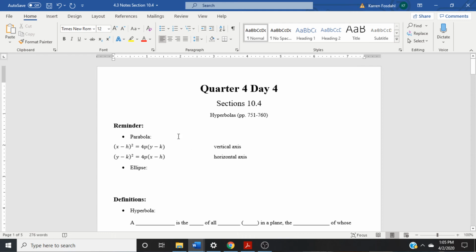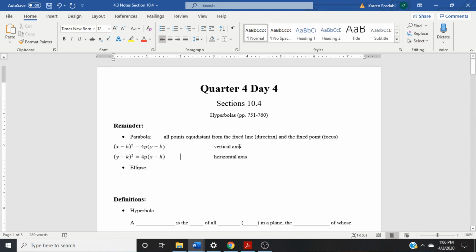Just a reminder, a parabola is all the points equidistant from the fixed line, the directrix, and the fixed point, the focus. So that's a parabola. These are the most helpful definitions.